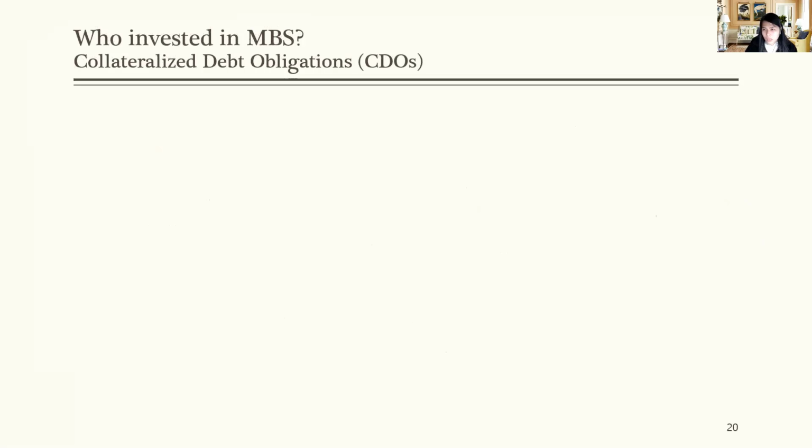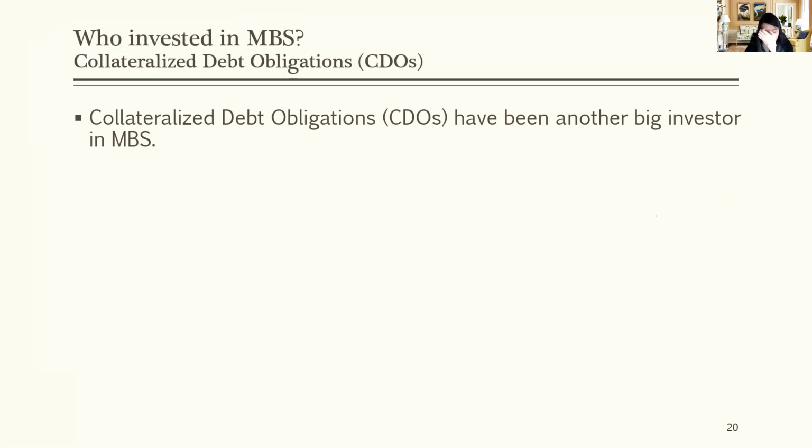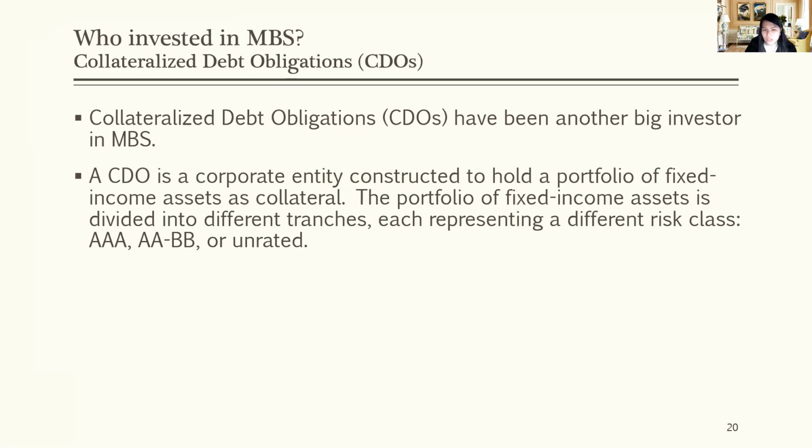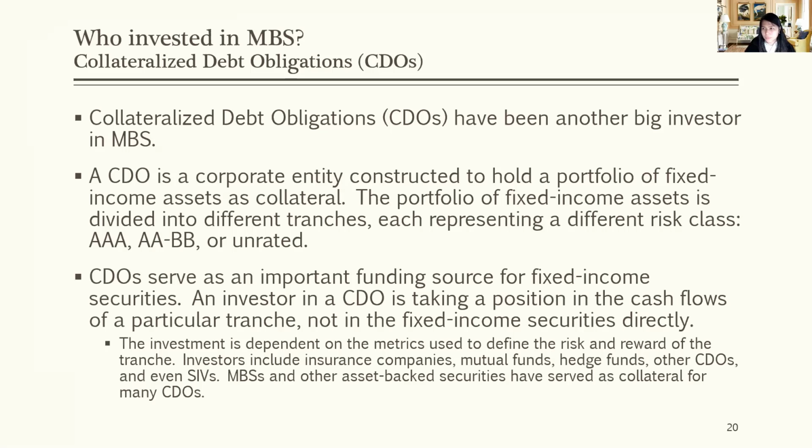All right. Collateralized debt obligations are something similar to mortgage-backed securities. So in this case, this is an entity that also holds a portfolio of fixed income, and then they write different tranches, they write different securities based on their portfolio and sell to investors, okay?